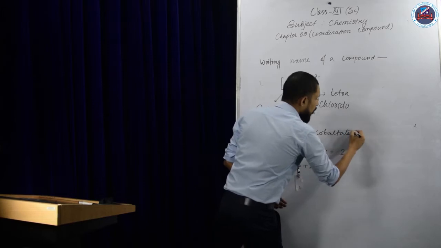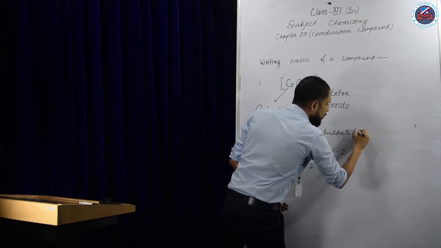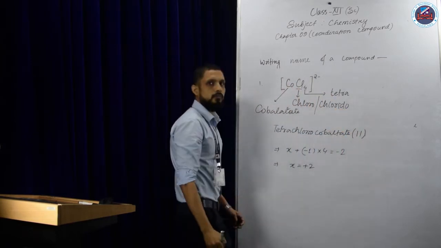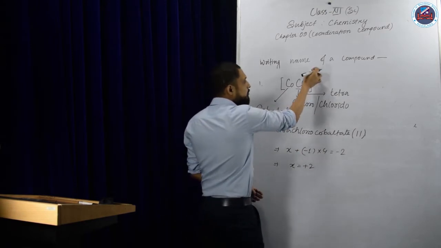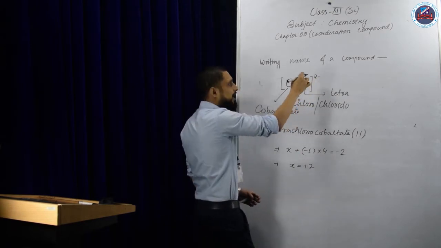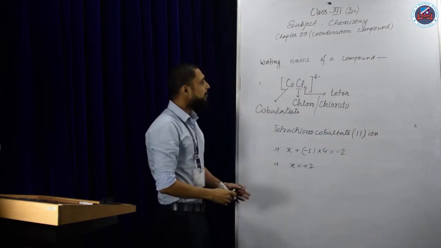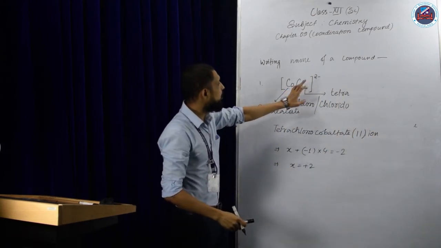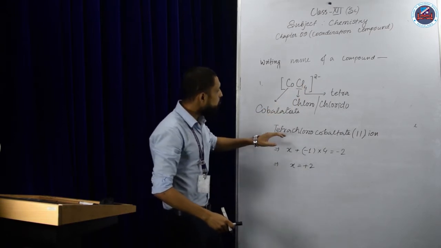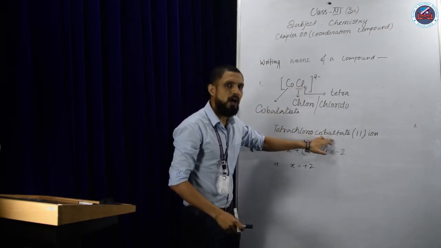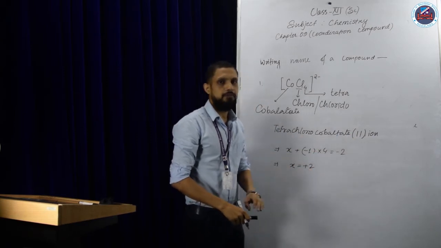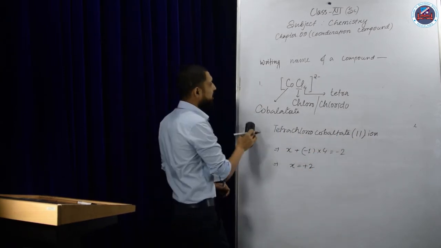So we'll write the oxidation number using Roman numerals. After this, since it is anionic, we add ion. So the name of this compound, CoCl4 whole 2 negative, is tetrachlorocobaltate(II) ion.